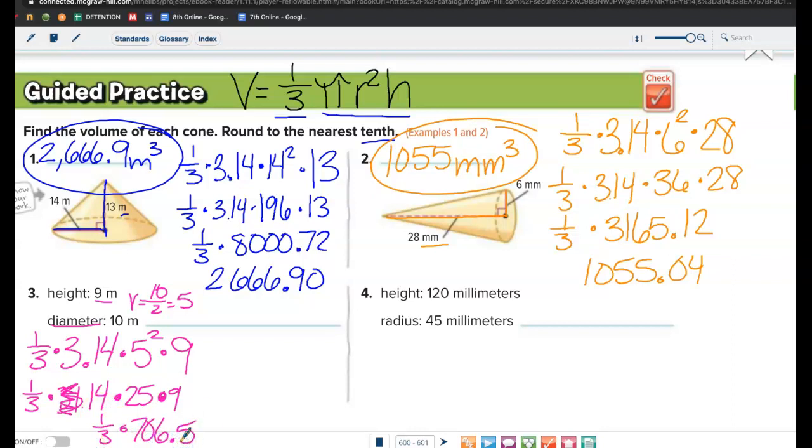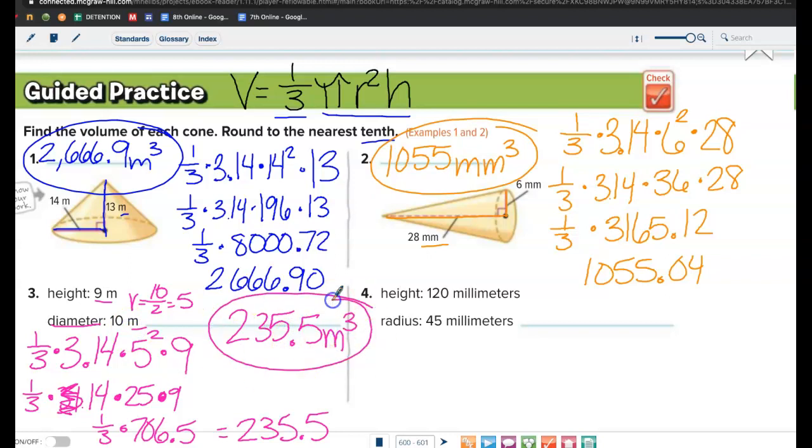So then I need to multiply that by 1/3, which is the same as dividing by 3. And I get 235 and 5/10. So that's going to be my final answer because that is rounded for me. And label it meters cubed.